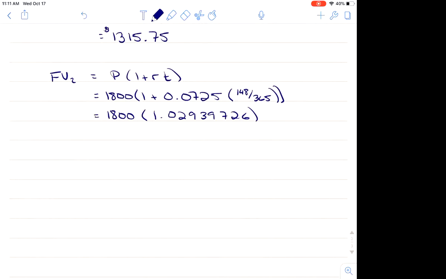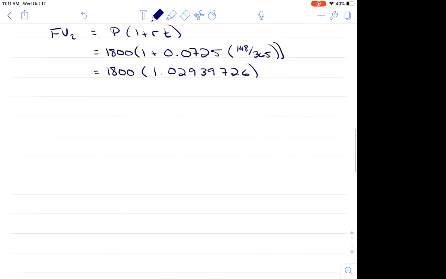We have a lot of these to do. Oh, I think I only did 180. Rats. 148 divided by 365, so I start over, 0.0725 plus 1 times 1800. There we go. $1,852.92.